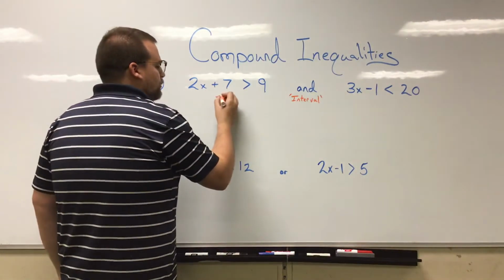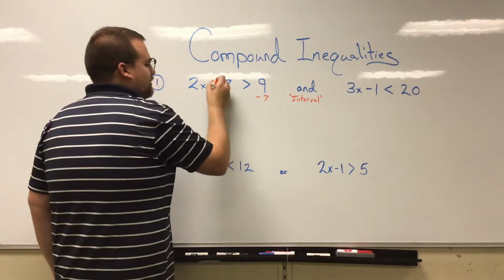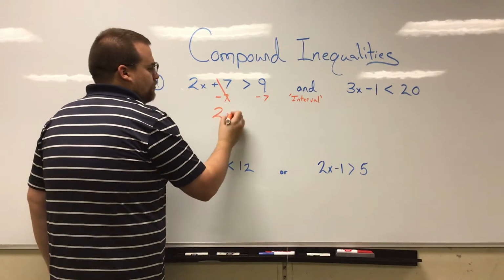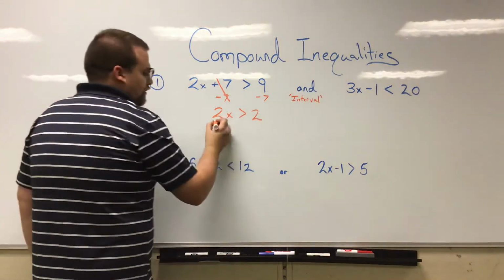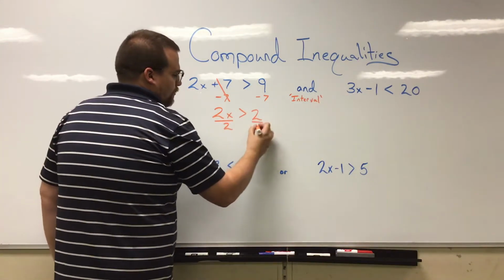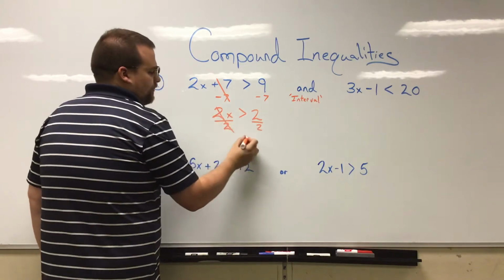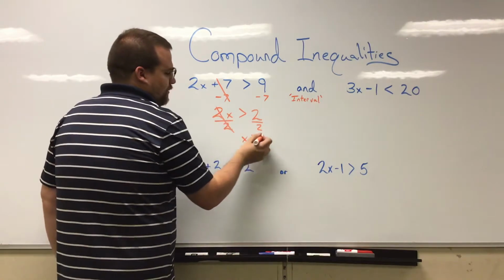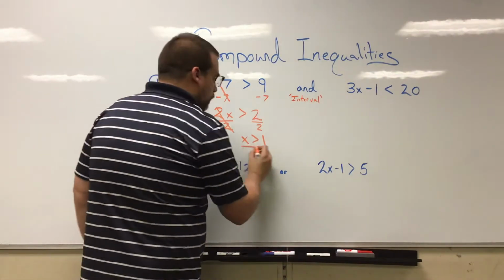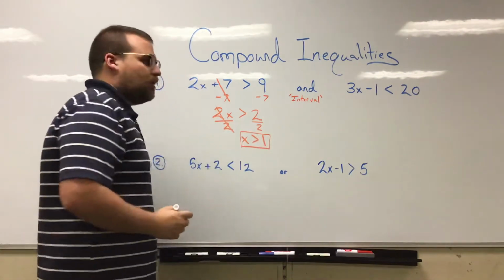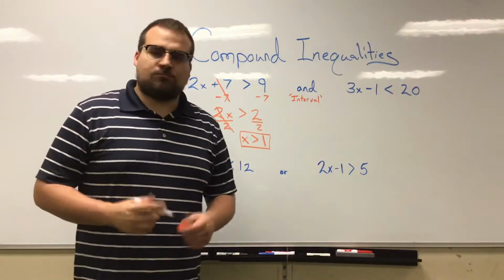We want to get x on its own, so we'll subtract 7, get 2x is greater than 2, and to get x on its own, divide by 2 and find that x must be greater than 1. Okay, great. There is one of our inequalities solved. Let's solve the other one.